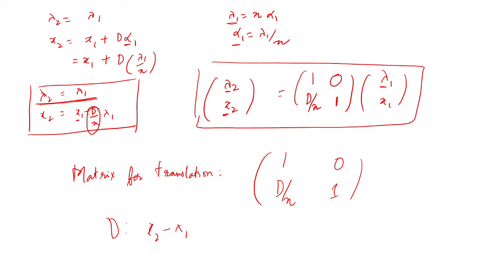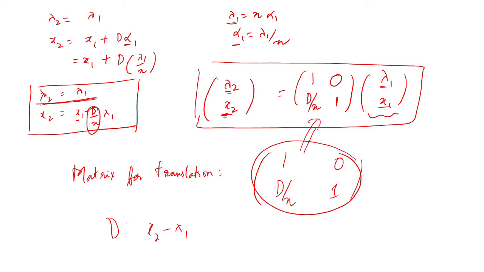So if you have the initial point lambda 1 x1 and you want to figure out which way light is going to go at another point x2, then you know the distance between x1 and x2. So you have all the elements that are needed for translation, and you can just plug in this matrix here and then figure out what would be lambda x2.